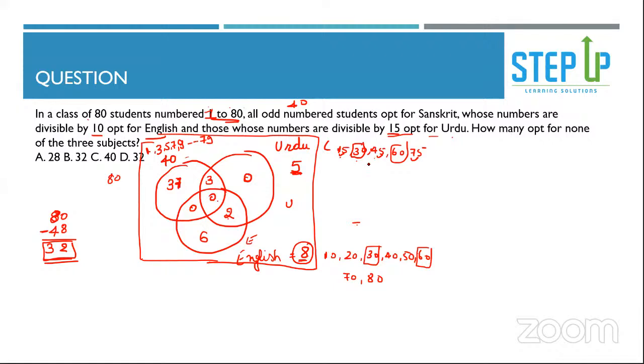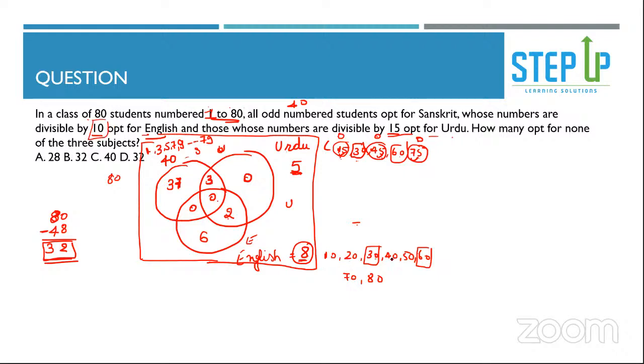I'm coming to that. Okay, 32 option, that would be by mistake. 15, 30, 45, 60, 75, right? Out of this, 15 is an odd number, 45 is an odd number, 75 is an odd number. So those three odd numbers would be knowing Sanskrit also. So hence Sanskrit and Urdu will be here, 3. Now check how many people have opted for English, the numbers which are divisible by 10.